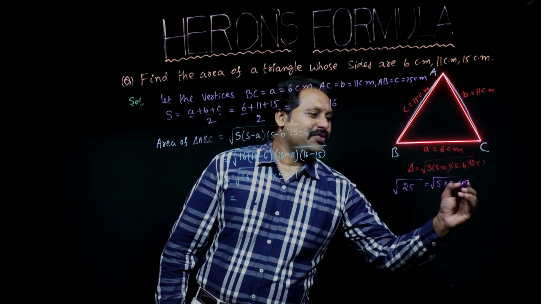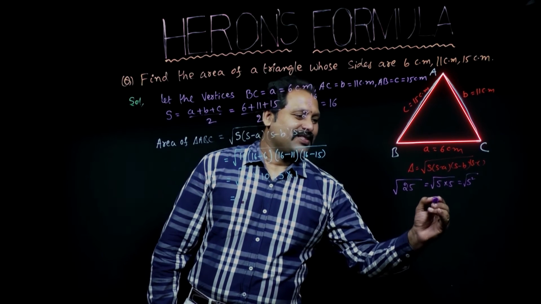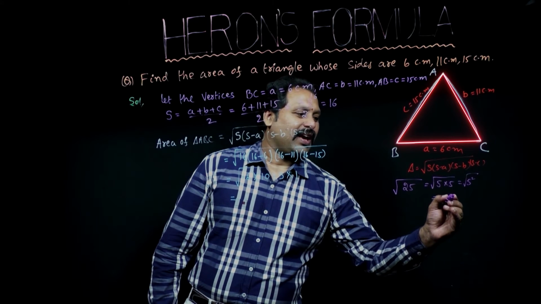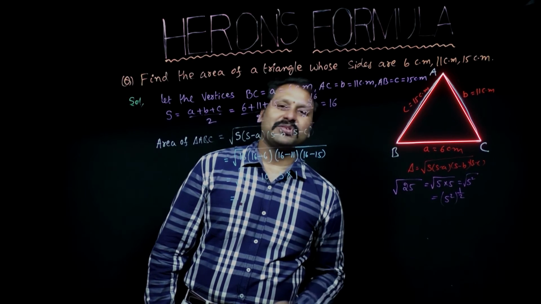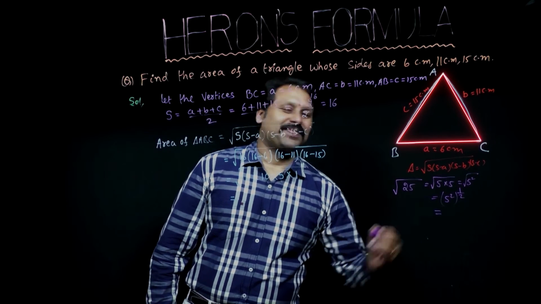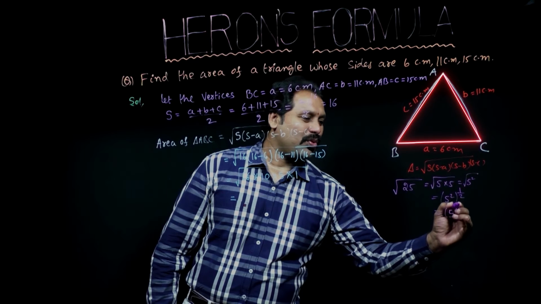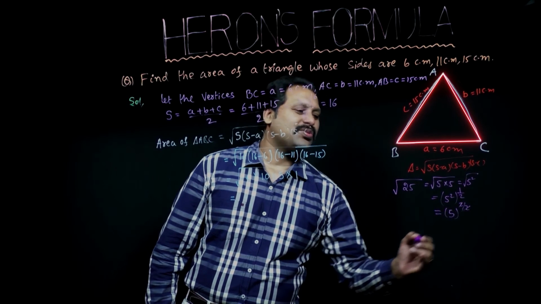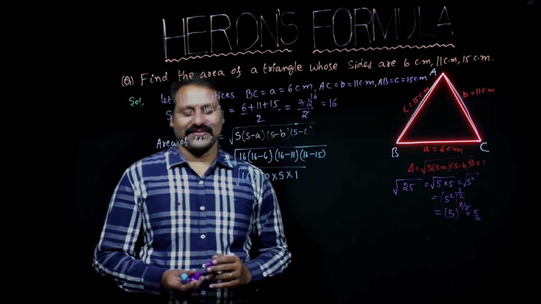Then 5 into 5 is going to be 5 square under root. So 5 square root is nothing. If you remove the square root, we get whole power 1 by 2. By exponent laws, this can be written as 5 whole power 2 by 2. 2 gets cancelled. Then finally we get 5.